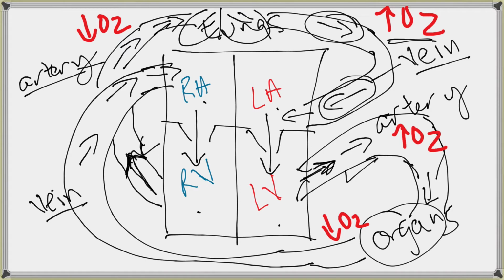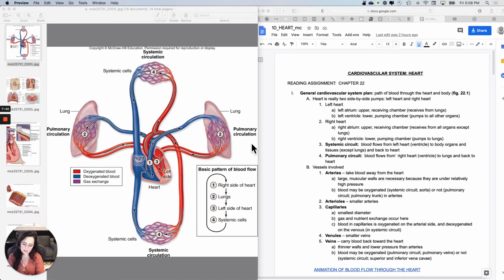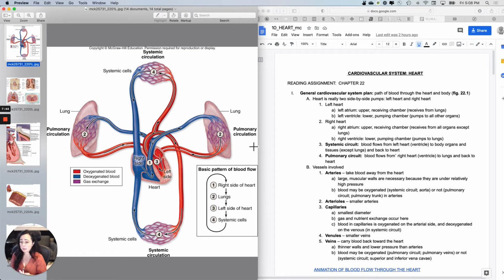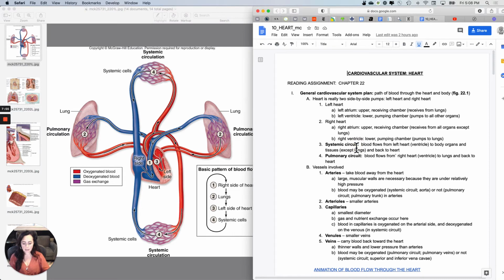So the important thing to understand is that the big picture of the cardiovascular system is really that there are two circuits. One of them is called the systemic circuit right here. And it is the one that is really involved in delivering oxygenated blood to capillaries and then back to the heart.